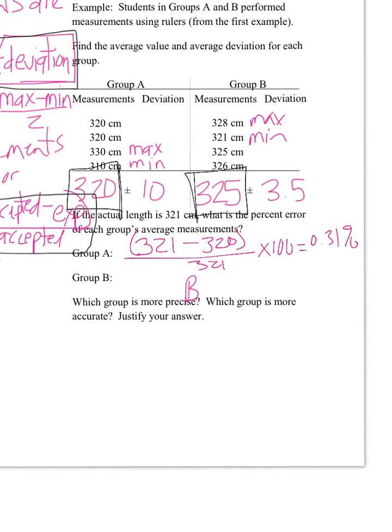For group B, I'm going to use a different color here. We have the accepted value, 321, minus what they got, which is 325. I'm going to divide that again by 321 and multiply it by 100 just to change it from a proportion to a percent.